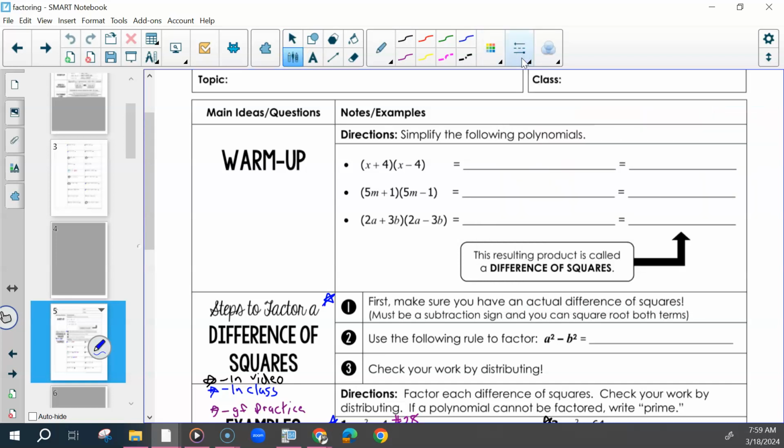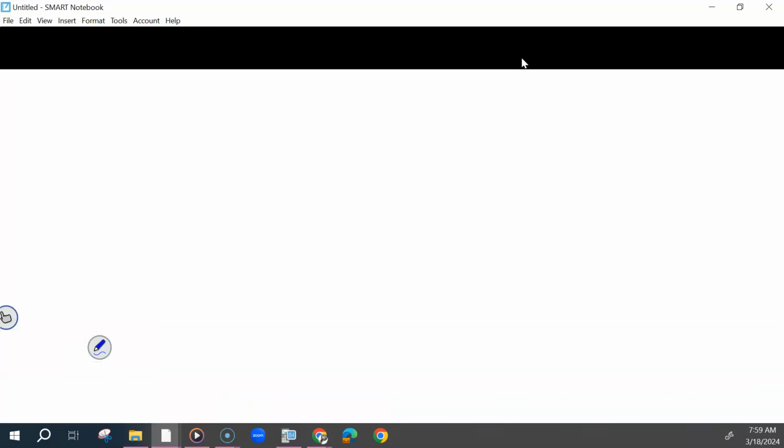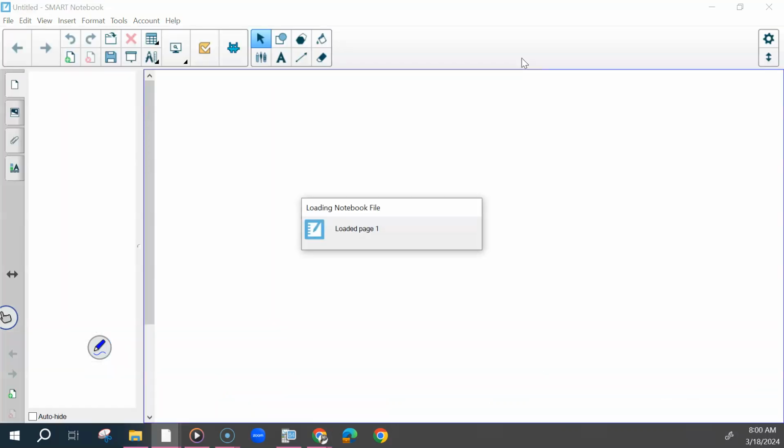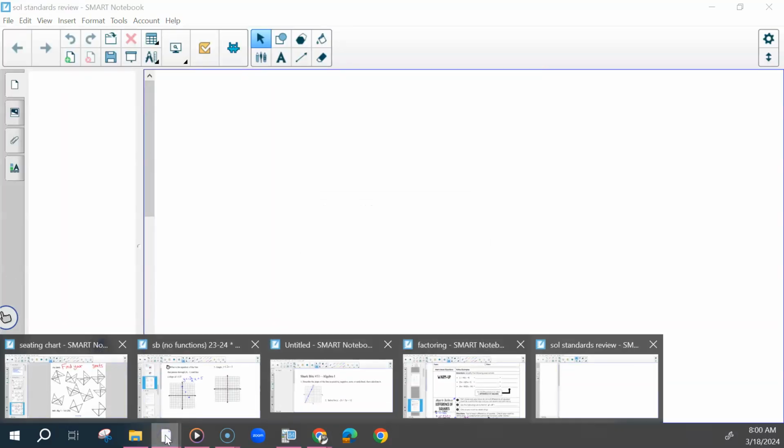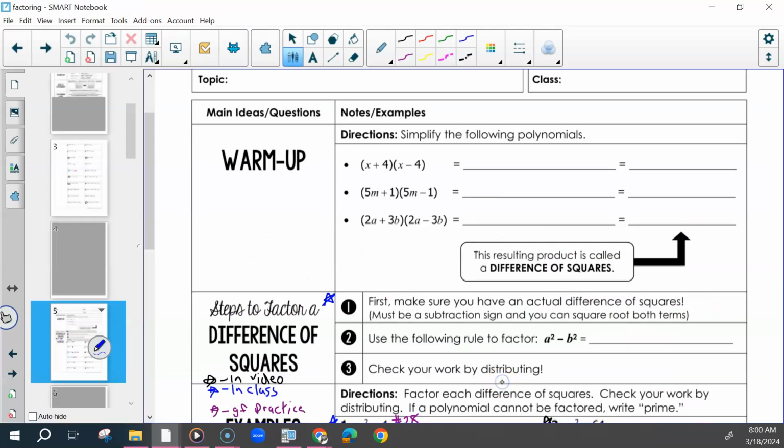Okay, let's try this warm up and then we'll talk about the rule and then we'll get into some of the other ones. If I were to simplify these, I'd be multiplying these using your FOIL, your box method, your double distributive. So if I multiply this out, x times x would give us what?